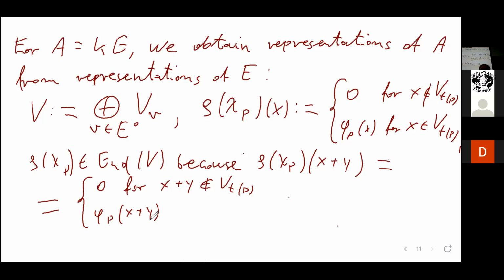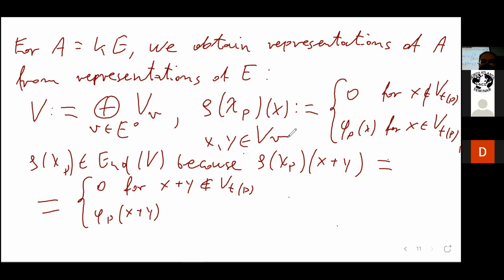So on every V_v, I can choose any linear map I want, and then to get a linear map on the whole vector space V, I just add them up. So in fact, all I have to do is to check the linearity of rho of chi p restricted to some direct summand. I'm assuming here that both x and y are in some vector space V_v.